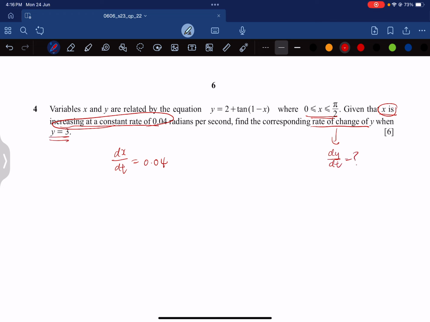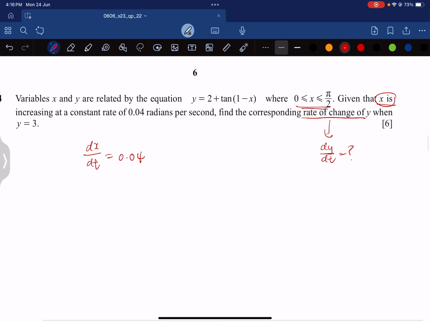When y equals 3, first of all, dy/dt equals dy/dx times dx/dt, where the dx terms cancel. dx/dt is given, but to find dy/dx, differentiate: 2 gives 0, and tangent gives secant squared of (1 minus x).